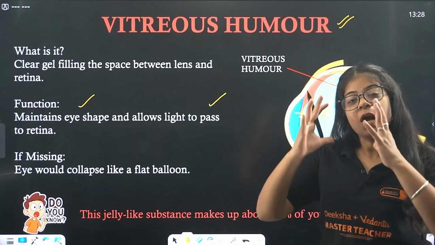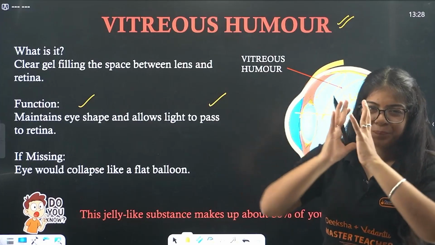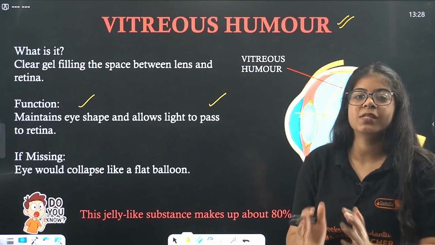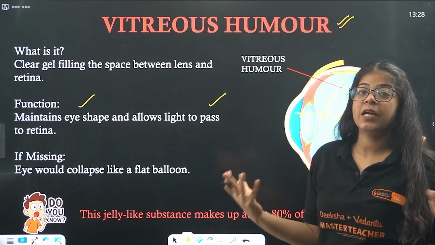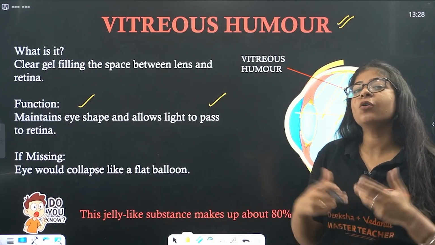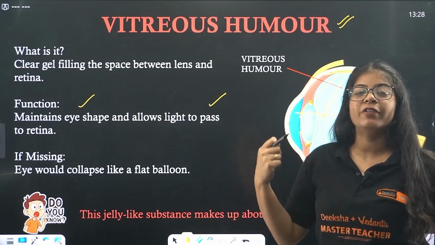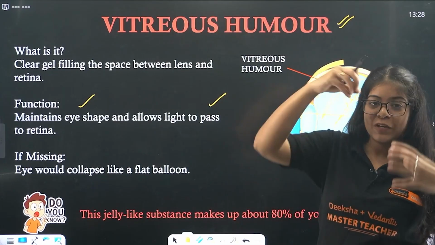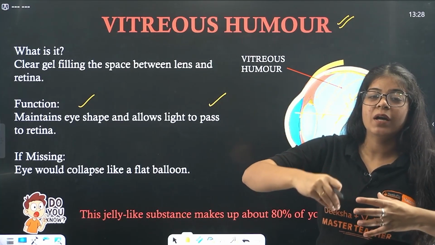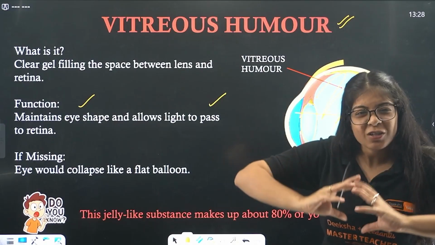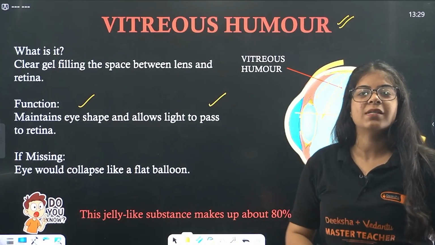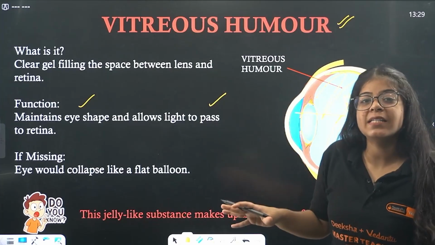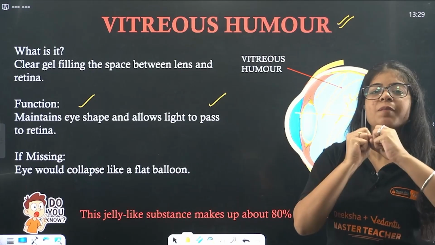That means you can't compress the liquid, you can't push it back. Gases you can compress and put in a cylinder. When you open a balloon, you let go of the air in it. But when you fill a balloon with water, you cannot compress it. That's the main reason why the shape of the eye is maintained: the fluid can't be compressed.